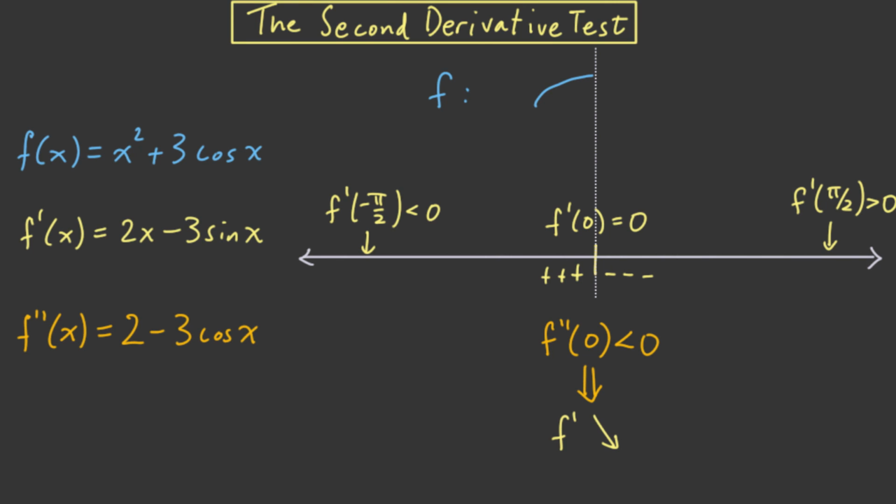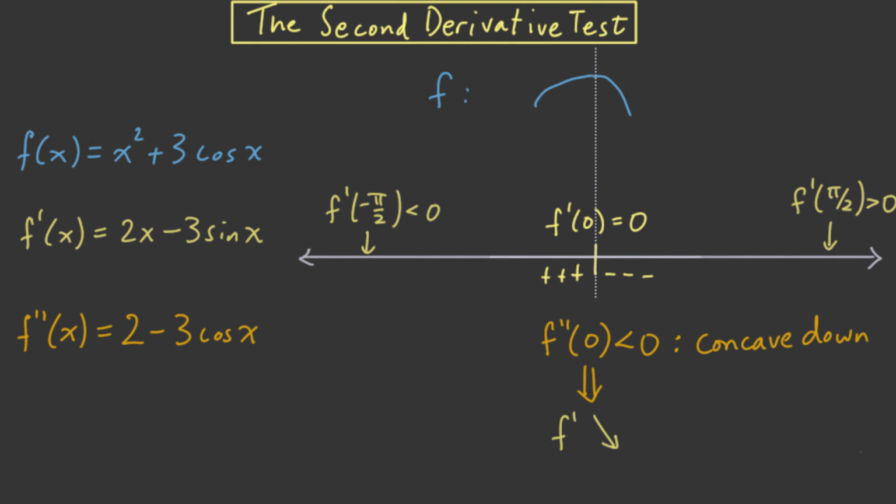And then after that, f prime is negative, so f will decrease. We're back to the first derivative test, basically. Local max. If you'd prefer a more geometric way of thinking, just remember that f double prime being negative is associated with the graph being concave down, and concave down is going to have this shape.